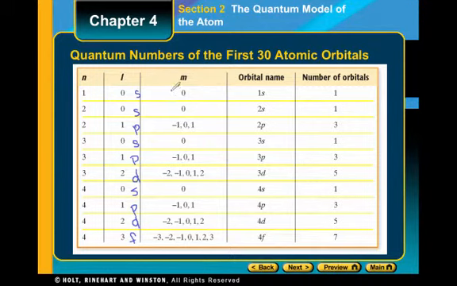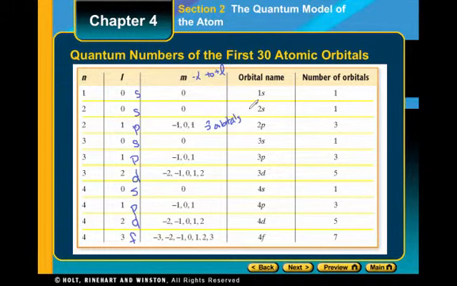This is where it shows the actual M values. M can be from negative L to positive L, and you guys don't need to know the actual values. For S, L is 0, so M just stays 0, which is why we only have one orientation, one orbital. Whereas for P, L is 1, so we can go negative 1, 0, 1, so there's 3 orbitals, which we already talked about.